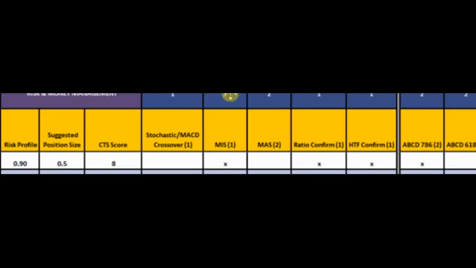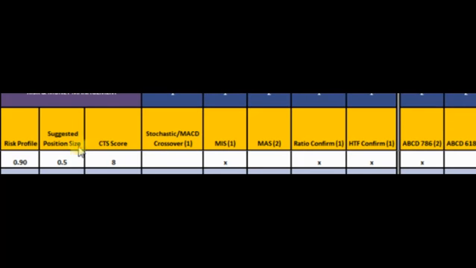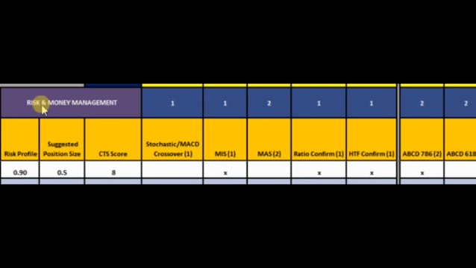In this case, what I was looking to do was to take a half a position based on my CTS score of 8, which dictates my half a position according to my risk and money management rules. The trade scored points for the fact that price was trading at a minor level of structure.